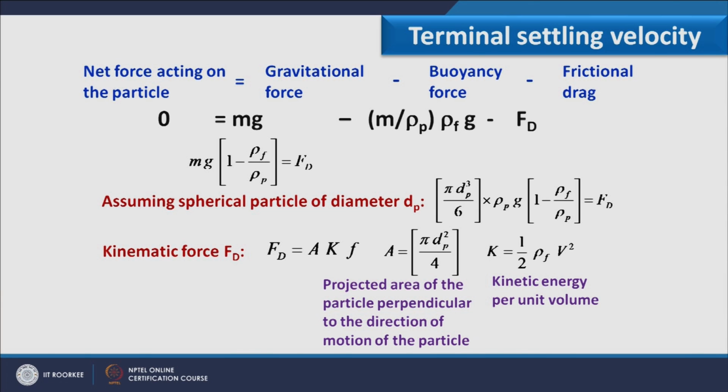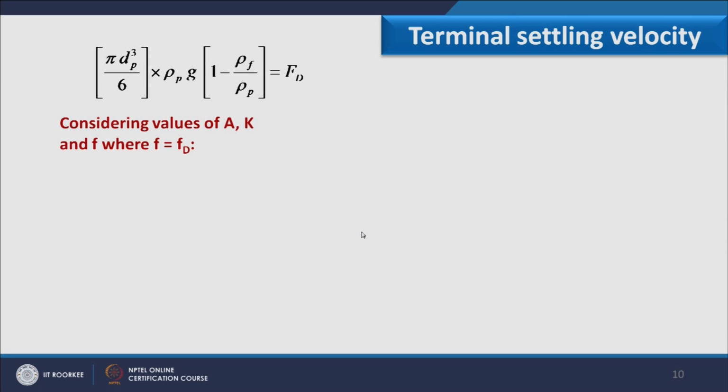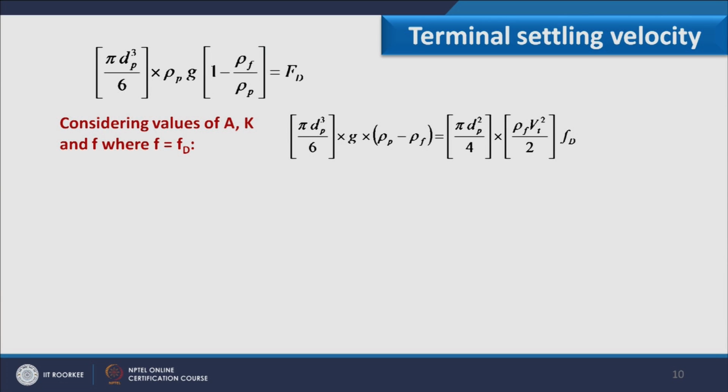So, using the expressions of A and K, we can write Fd. Considering the values of A, K and f, we can rewrite this equation where the left-hand expression remains the same. However, the right-hand side we can write as the area perpendicular to the motion into kinetic energy per unit volume into f d.